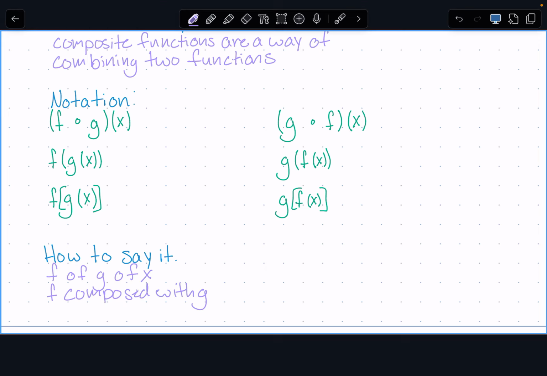On the right side, it's the exact same thing. We just switch our letters around a bit. We say g of f of x because we have our g first here, or g composed with f.